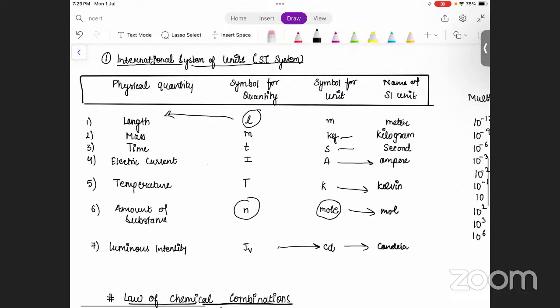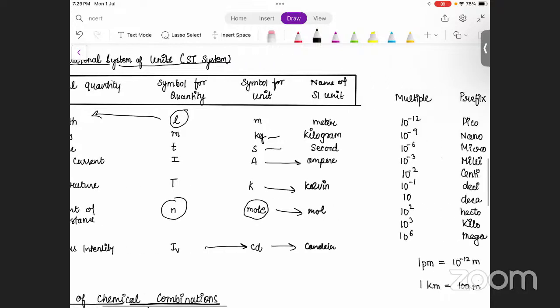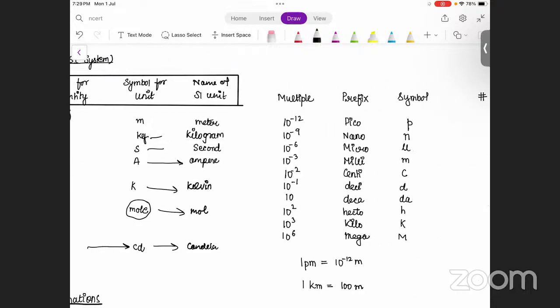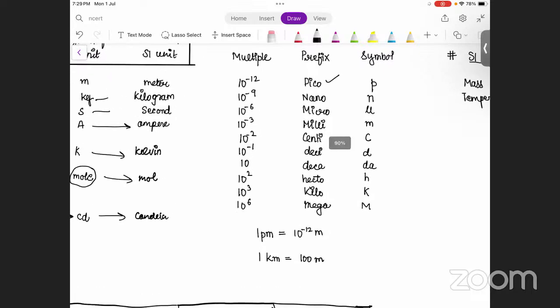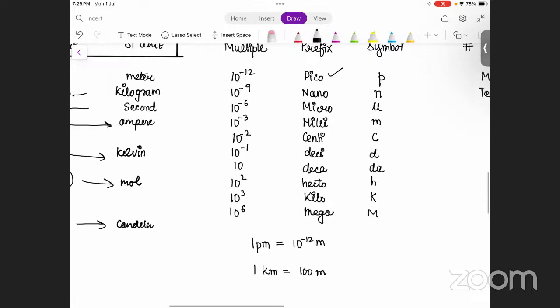Now, when we are learning about all these things in chemistry, once we go to the lab, the amount of substance or solution that we will be dealing with will be very less, right? So we have to learn about the other units, the prefixes and their multiples. As I have told you, if you have pico, then it is 10 raised to the power minus 12. If you have nano, then it is 10 raised to the power minus 9 and so on. So we will have micro, milli, centi, deci, deca, hecto, kilo and mega.